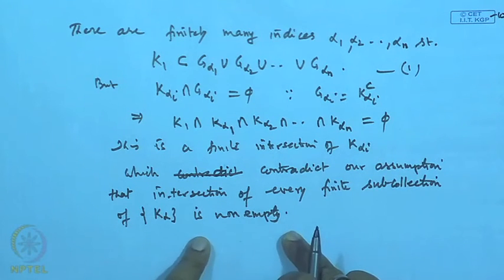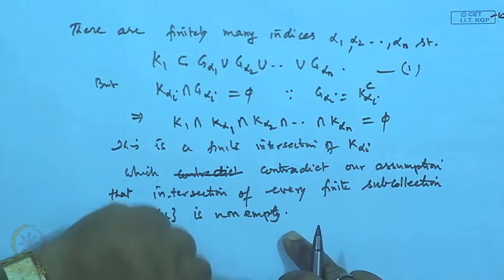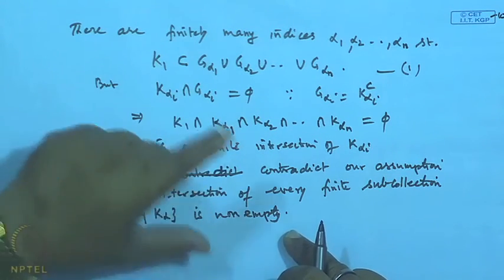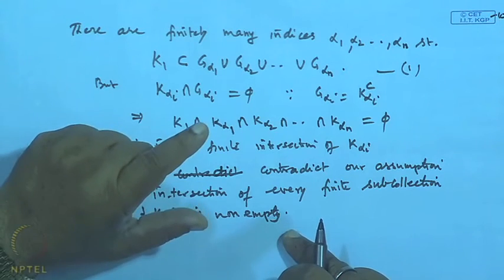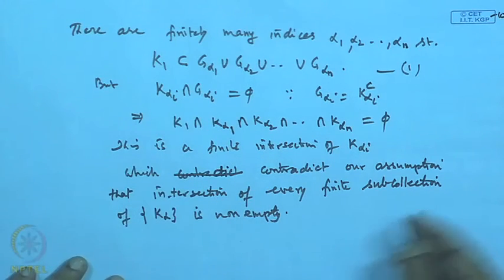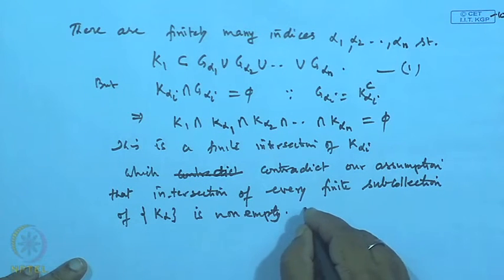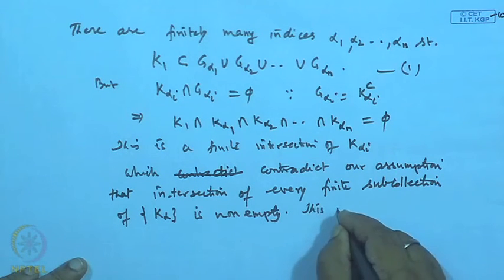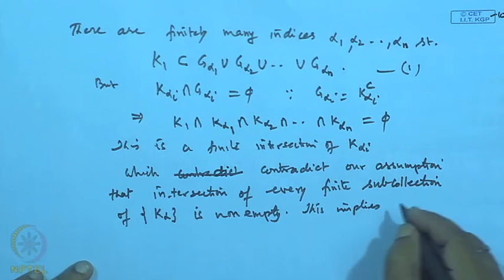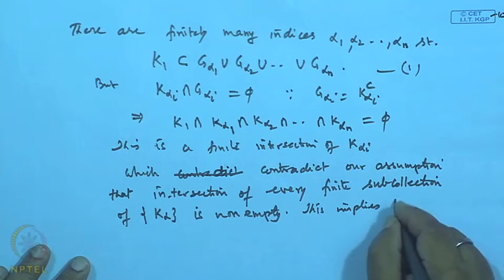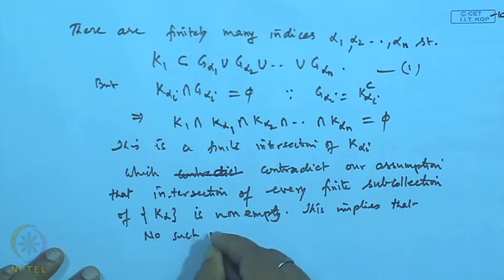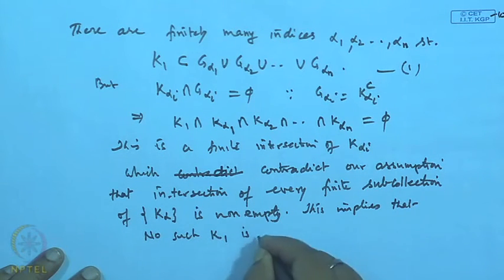So, it is a contradiction, and the contradiction is because of our wrong assumption that K 1 is one of the members of K alpha which has the property that no point of K 1 belongs to every K alpha. So, this implies that no such K 1 is possible.